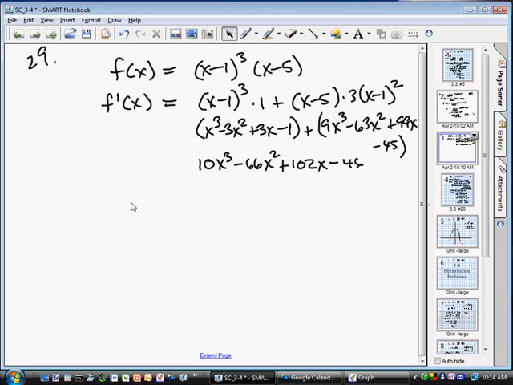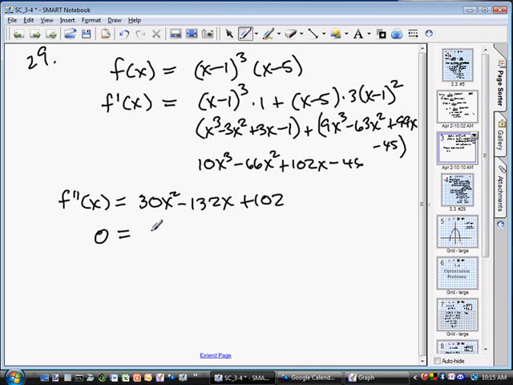Okay, now we can do f double prime of x. If that's right, that would be 30x squared minus 132x plus 102. Now the question is, when is that equal to 0? So we're going to have a quadratic problem, and I'm going to divide everything through by 2 because I can divide both sides by 2. 66, right? Yeah. Plus 51.